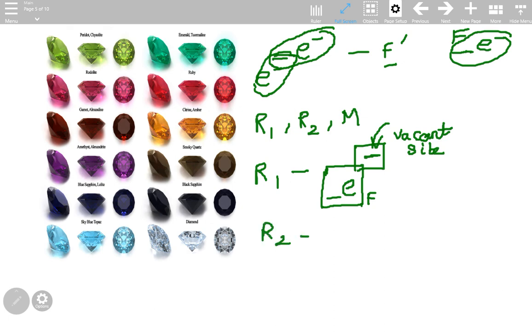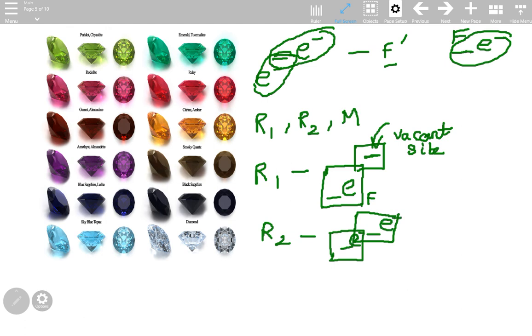Then R2. R2 is a combination of two F centers. A negative vacant site is taken by an electron, then again a negative vacant site, then a vacant site which is taken by an electron.